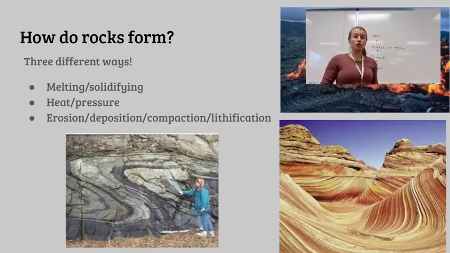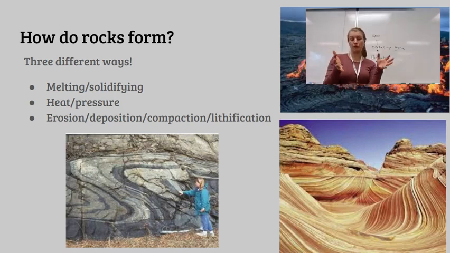So how do rocks form? This is kind of what all of this has been leading up to. And hopefully, I'm really hoping that this is some review for you. So there are 3 different ways that rocks can form. You can either melt a rock and then harden it. That would be like that first picture there, like lava.